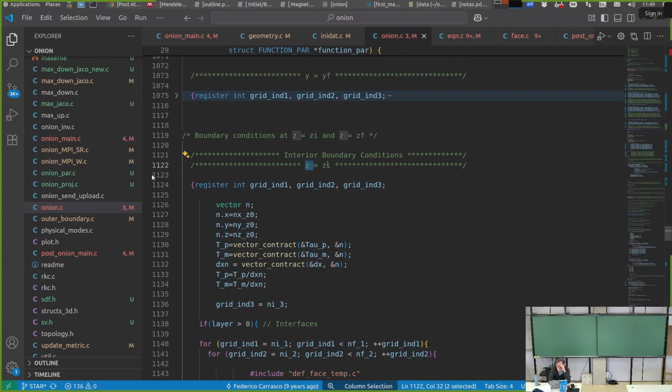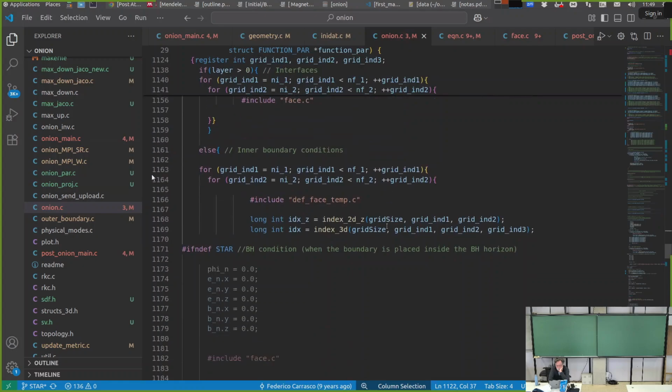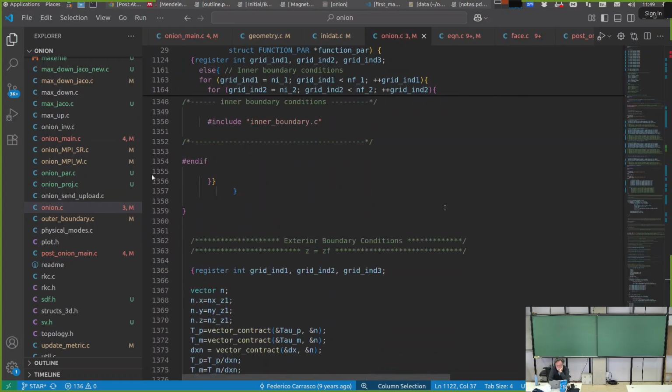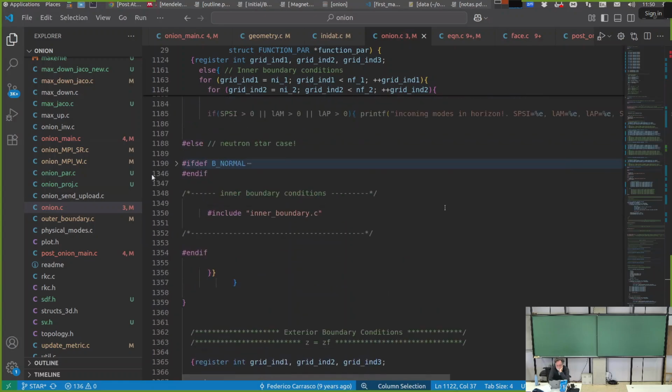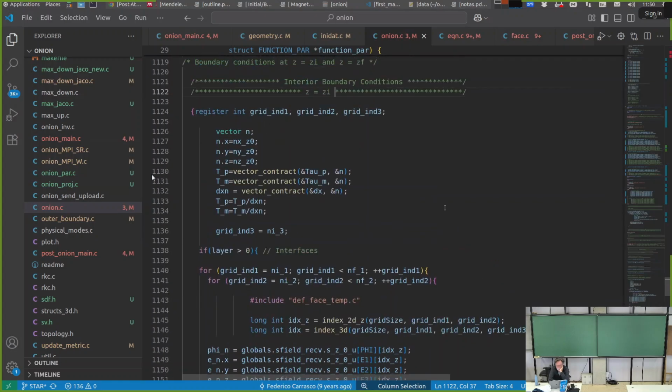The coordinate sheet here is the radial coordinate of these cubed sphere coordinates, these multi-patch coordinates. So this initial radial surface is where potentially the neutron star boundary conditions should apply. So this has a different prescription in this case, while all the others are typically just interfaces between two different subdomains.